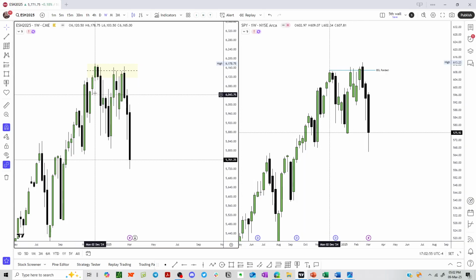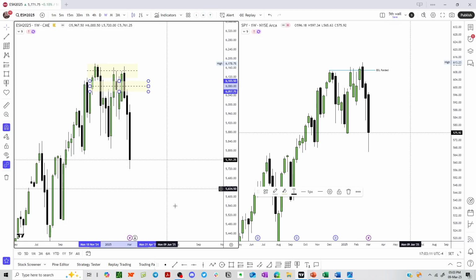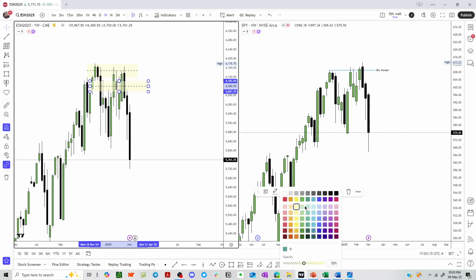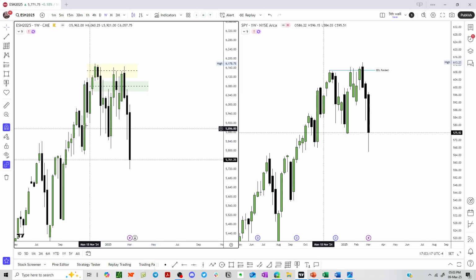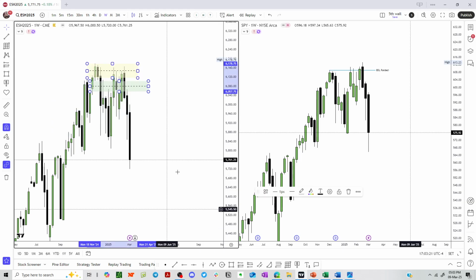So we do have a fair value gap here, along with a volume imbalance. And we can do this. See, it's been traded into here. And that would be weekly levels. Let's make sure.